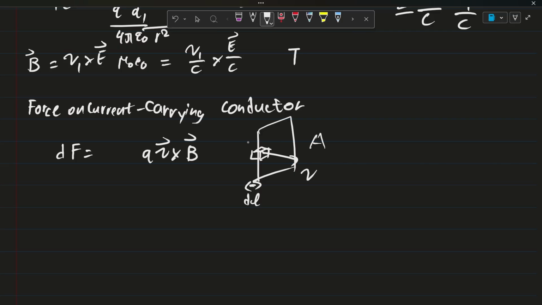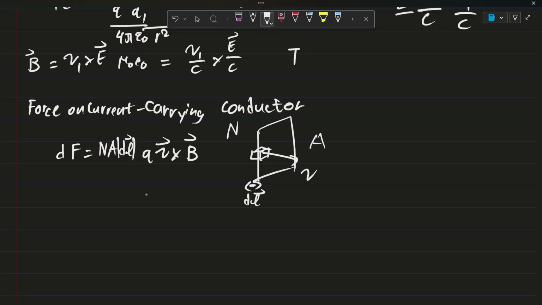And let's say that we have an amount of particles, charge carriers, which is n per unit volume. So if we consider the unit volume here and try to figure out the force on the entire thing, what we would obtain is n times A times the length of dl, right? And maybe we can call this a vector instead. So this is the force on a particular slice of the conductor.